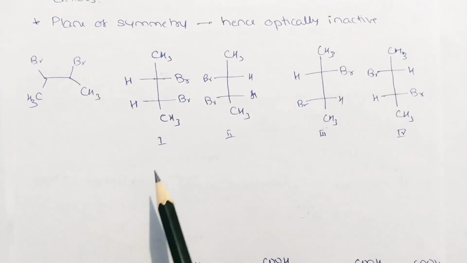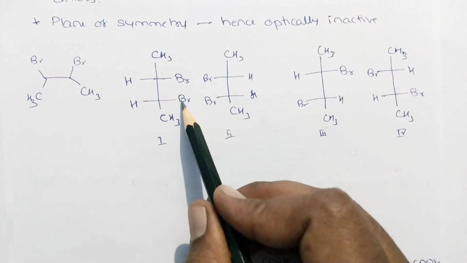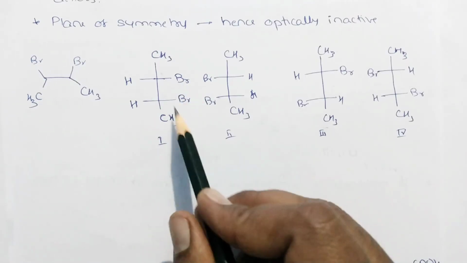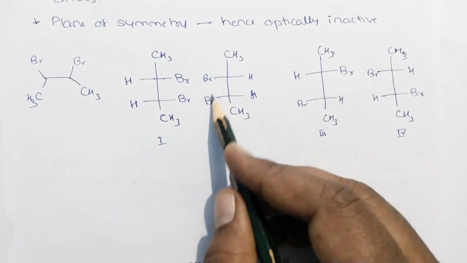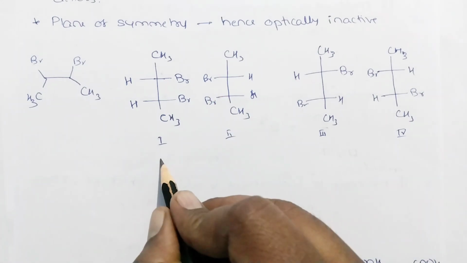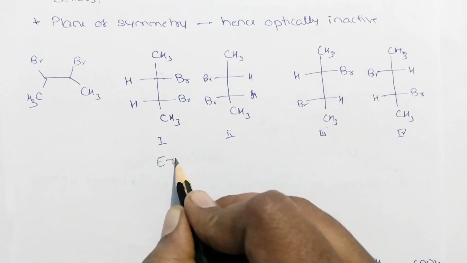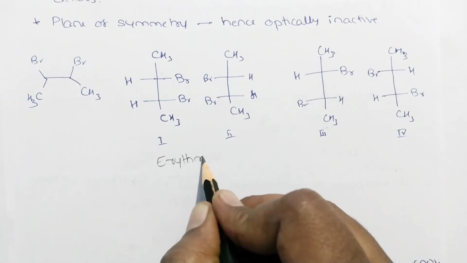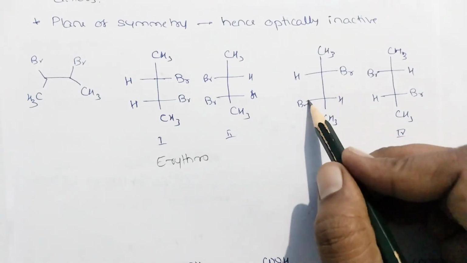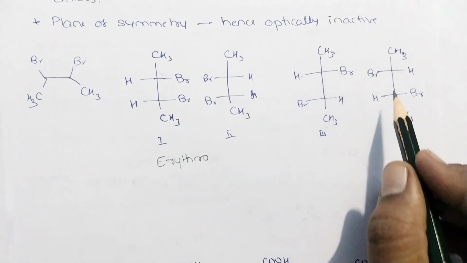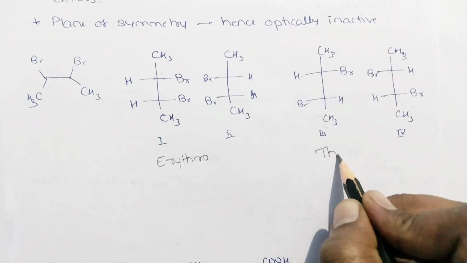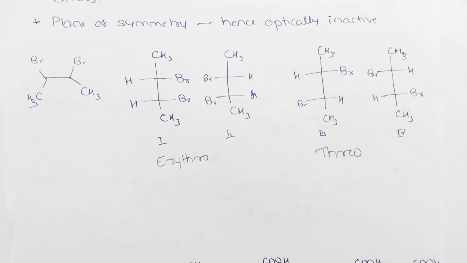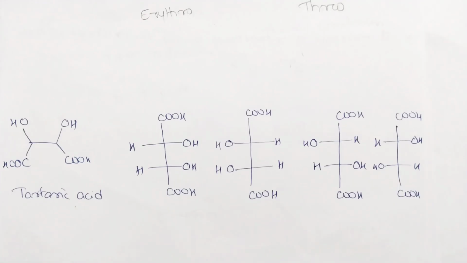This is the second example. Here Br and Br are on the same side, hence you have to give the prefix Erythro. But here the same groups are on opposite sides, and here also the same groups are on opposite sides, so we have to use Threo as the prefix. In this example also we can give Threo and Erythro.